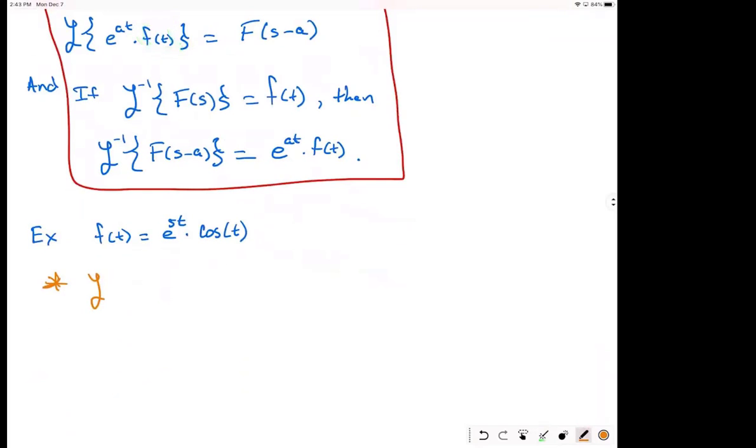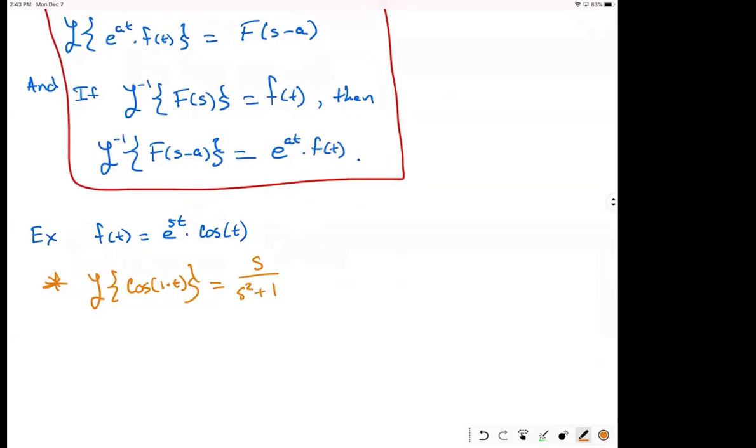So I look at the Laplace transform of cosine of t, and I'm going to write for emphasis 1 times t. And when I look at my table, I get s divided by s squared plus k squared, but here it's just 1 because it's a 1 times t.